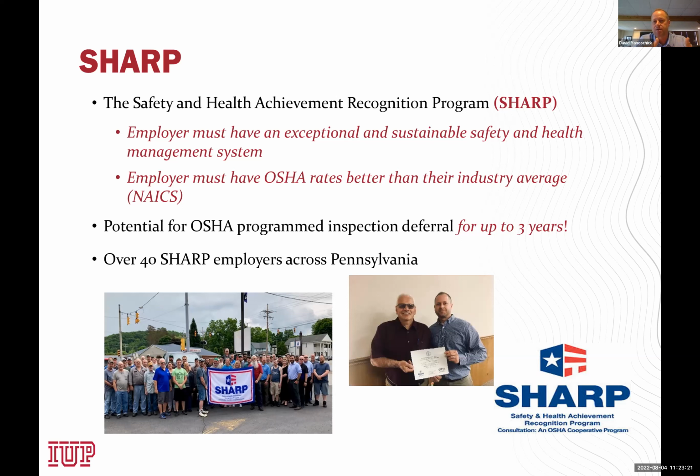So we come on site, assess their safety and health management system, provide a score. Based off of that score and their OSHA rates, we could potentially apply for businesses to be in the SHARP program, which is very similar to, a lot of you may have heard of VPP, which is the Voluntary Protection Program for larger businesses. So it's a recognition program for businesses that are able to successfully manage safety and health.